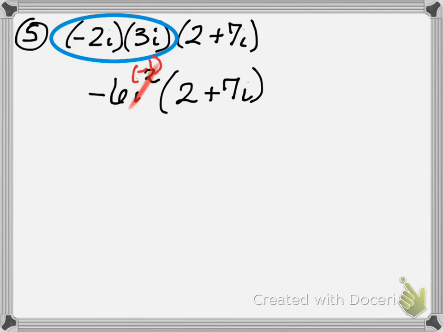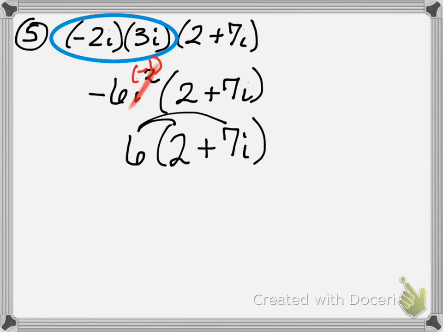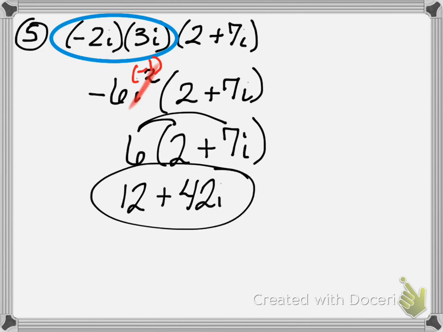So negative 6 times a negative 1 is going to create a positive 6 out front, times 2 plus 7i. How can I solve this? Distribute. So 6 times 2 is? 12. Plus 6 times 7 is? Don't overcomplicate this problem.